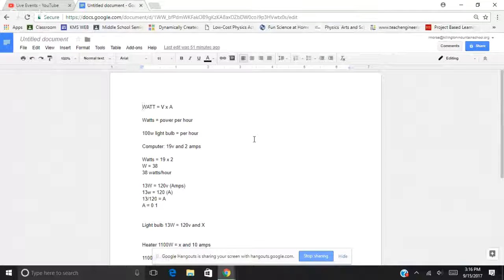So watts are equal to your volts times your amps. Watts are always measured in power per hour. So a 100 watt light bulb uses 100 watts per hour. That's the amount of power it uses in an hour.